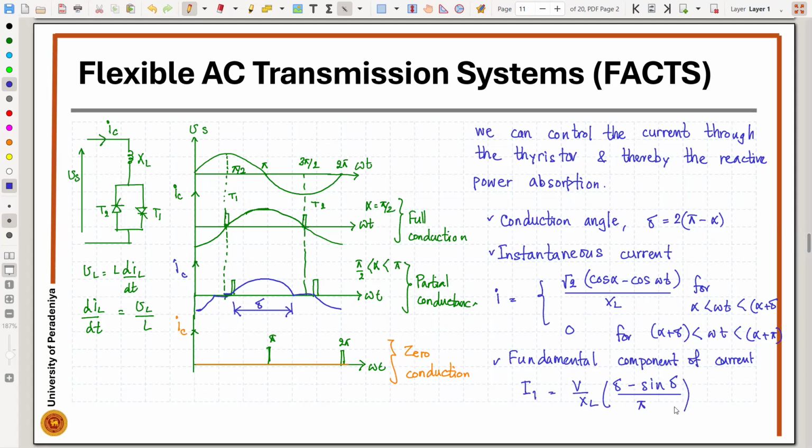So this is the fundamental component of current. Since we have the voltage and current relationship, we can get the equivalent susceptance of the system.